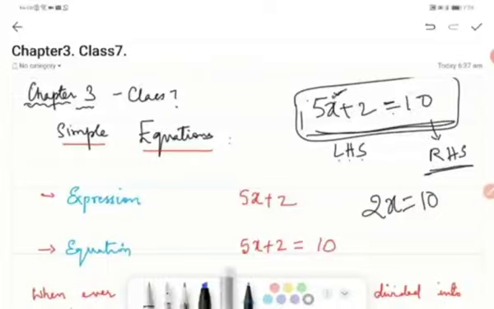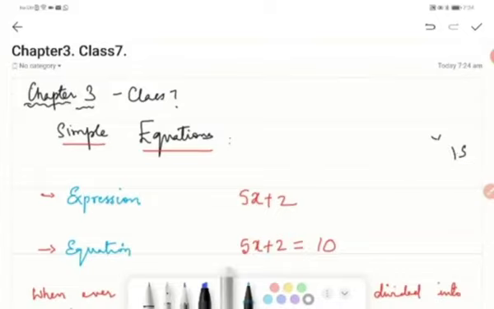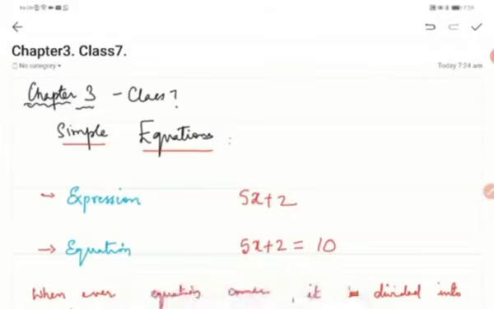Okay, so if you have equal to, that is an equation, you have two parts, that is LHS side and RHS side. Okay, so the side on the left of the equal to sign becomes LHS, that is left hand side, and this becomes RHS. Okay, this is the basic way you divide an equation.